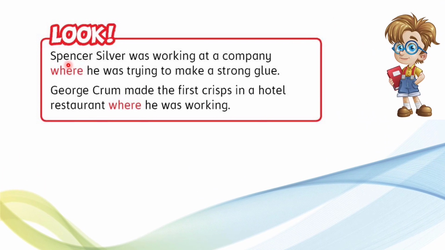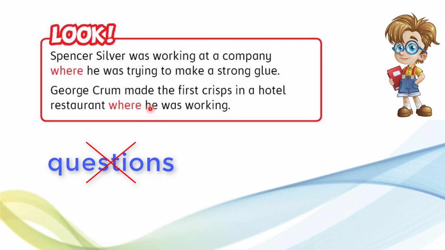Let's read these examples. Spencer Silver was working at a company where he was trying to make a strong glue. George Crumb made the first crisps in a hotel restaurant where he was working. As you see, my friends, these examples are not questions.